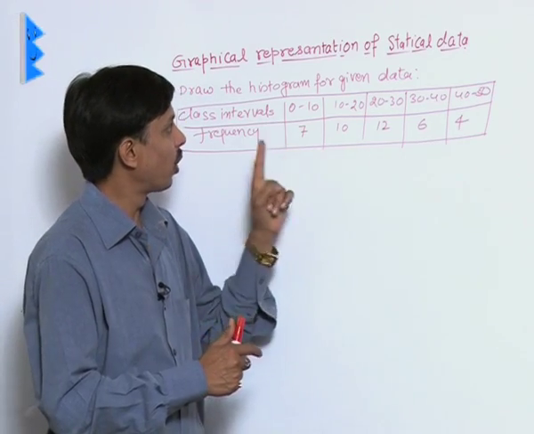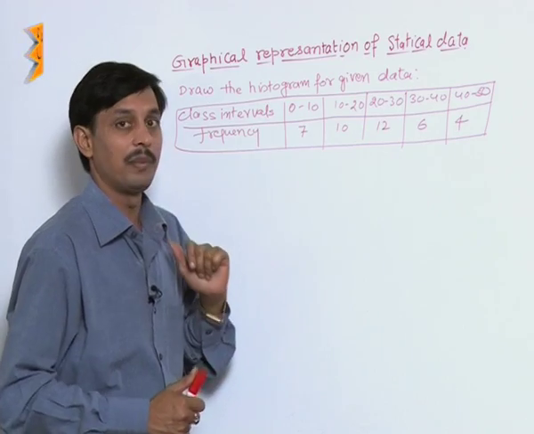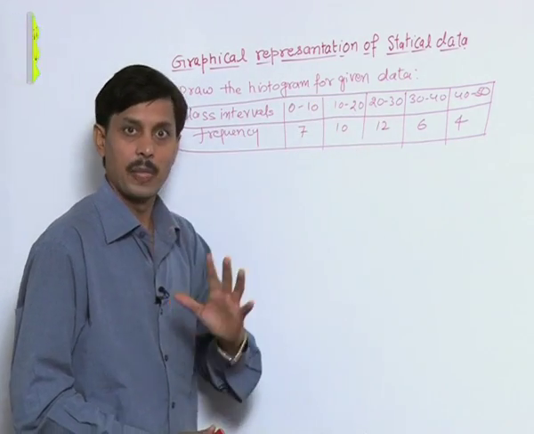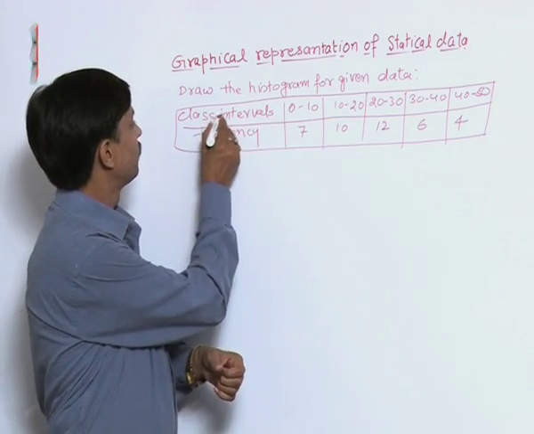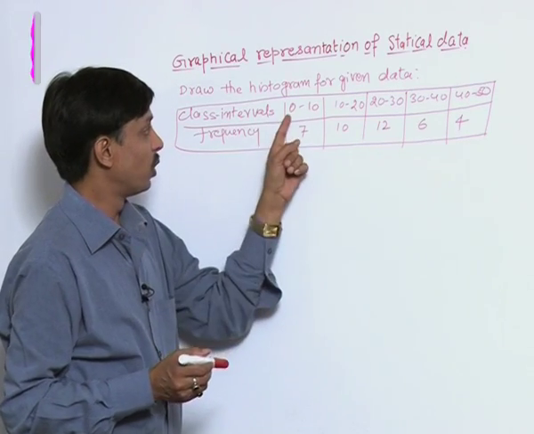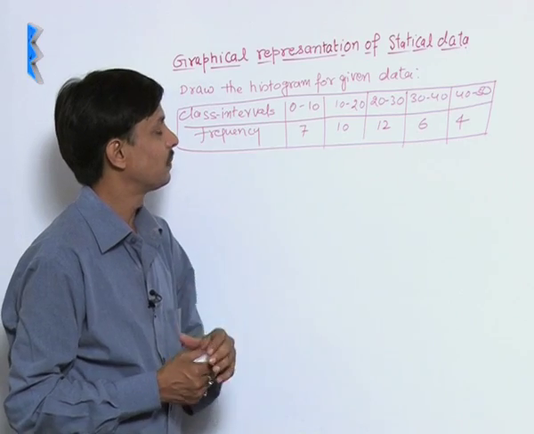So for drawing the histogram, I am taking this question: draw the histogram for the given data. There is some information, like class intervals. Class intervals are, suppose, 0 to 10. I am taking the marks scored by a few students in a class.